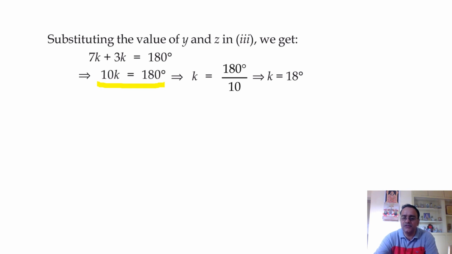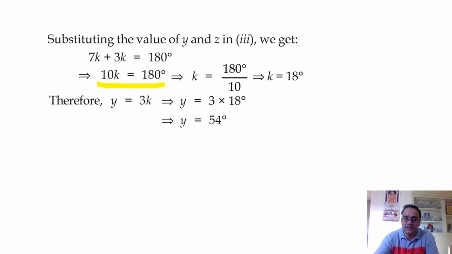Now we'll substitute the value of k in y and z. y कितना था, 3k, so 3 into 18 हो जाएगा, that is 54 degree, and z was equal to 7k, and that will be equal to 7 into 18, 7 into 18 will be 126.